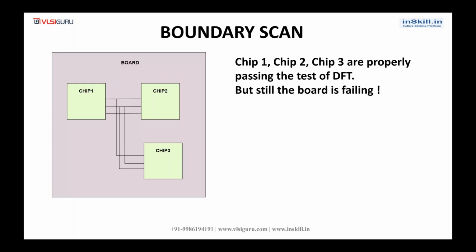We will first understand. In this case, there are 3 chips: chip 1, chip 2, chip 3. These 3 chips have been manufactured, and after manufacturing there will be testing, as we discussed in the first few slides. First, these chips are tested on the tester, the ATE.